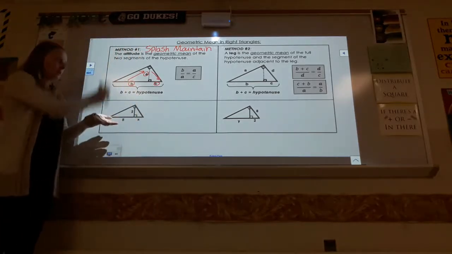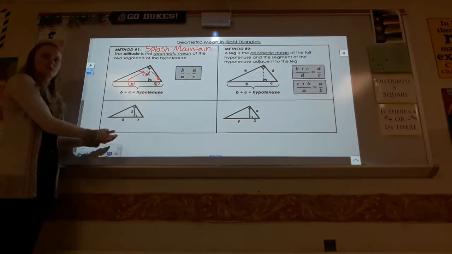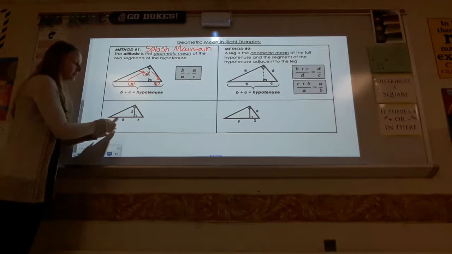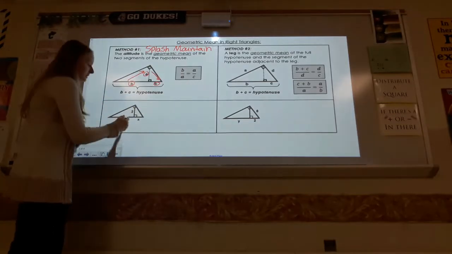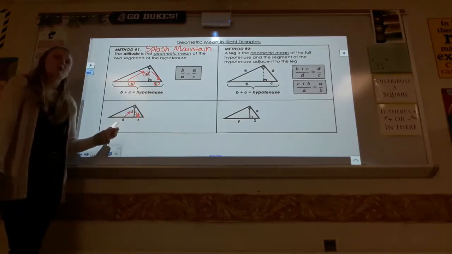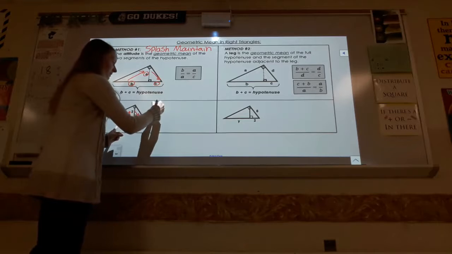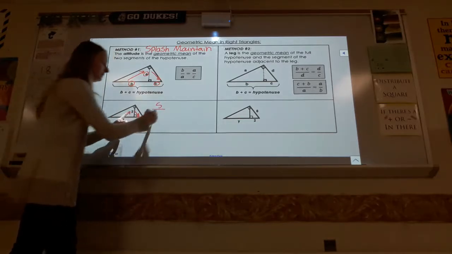So here's an example. I'm going to show you exactly how to use this process here. The directions would say solve for x. When you notice that it's a right triangle, and it has the altitude labeled, you guys can either memorize the formula and plug it in, or you can draw these little arrows and go that way. So the first number I would write down would be 5, and then under that would be 2.